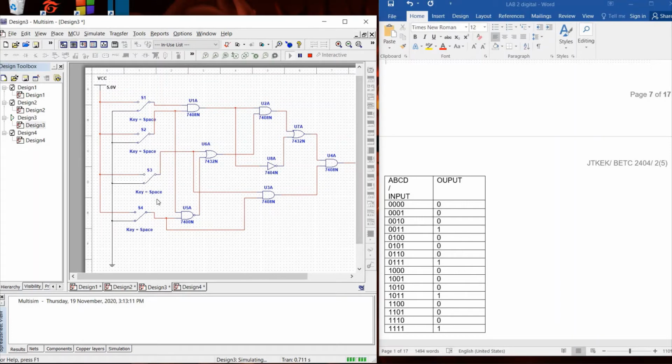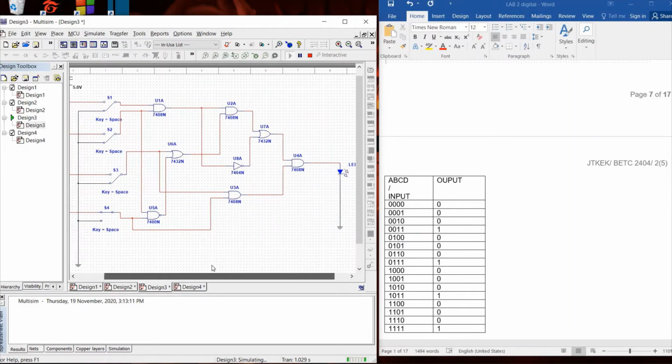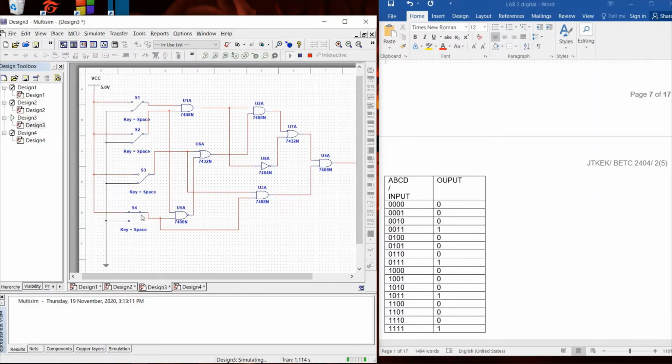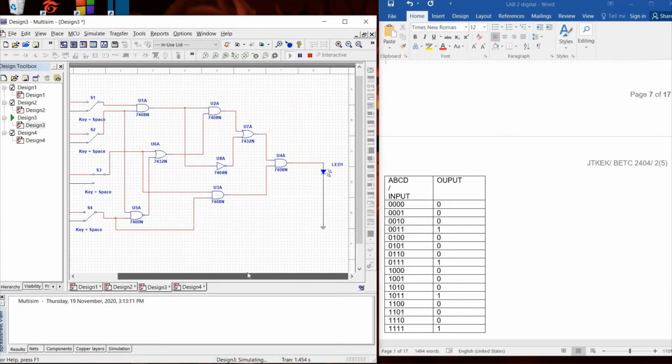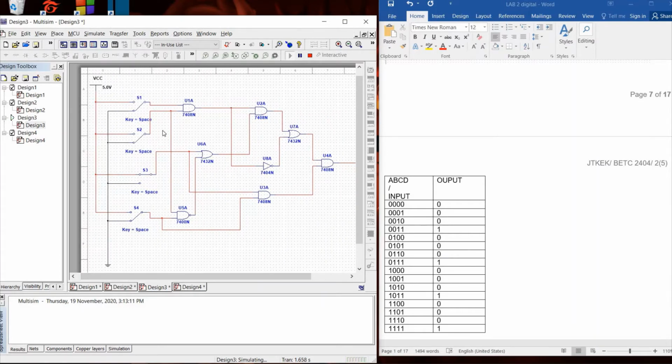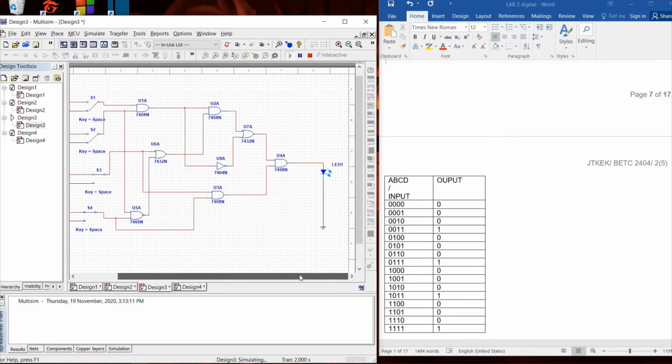My second input is 0 0 0 1, my output is 0, and my third input is 0 0 1 0, my output is 0, and my fourth input is 0 0 1 1. My output is 1.